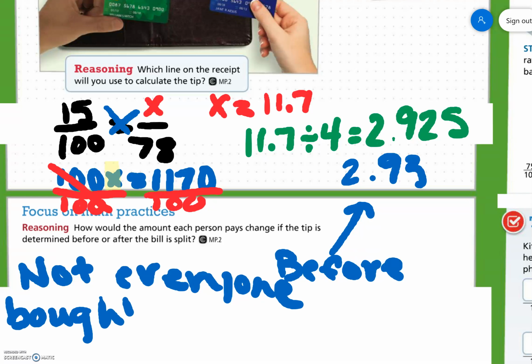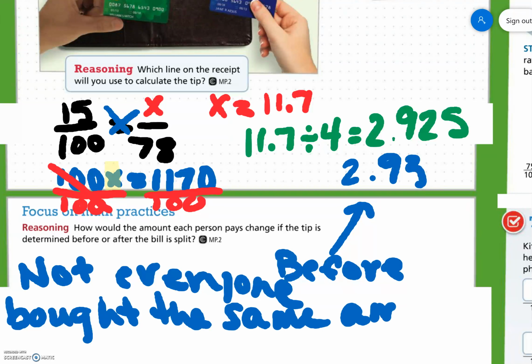Which means that the total, this number that was here on the bottom, for each person would be different. So even if all of them were choosing to pay 15%, 15% of a bigger number is going to be bigger than 15% of a smaller number.